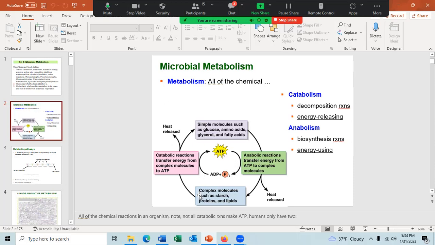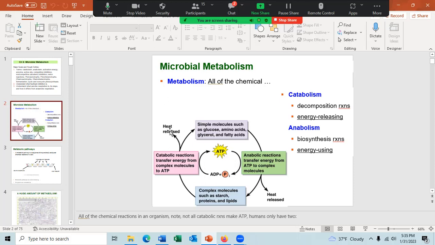Now, when you're transferring energy from one source to another, such as from starch to glucose, some of that energy will be converted into heat. And heat is a form of energy. It's just not terribly useful to cells because cells cannot use heat for their energy needs. And that's true for humans too.